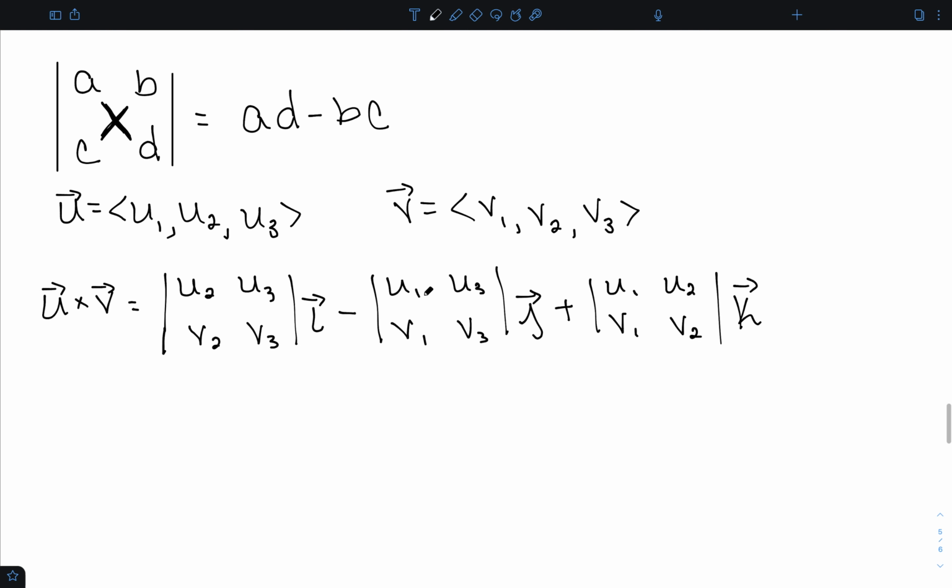We can think about this as we ignore the first coordinate times i, ignore the second coordinate times j, ignore the third coordinate times k. So we'll slowly ignore each coordinate.